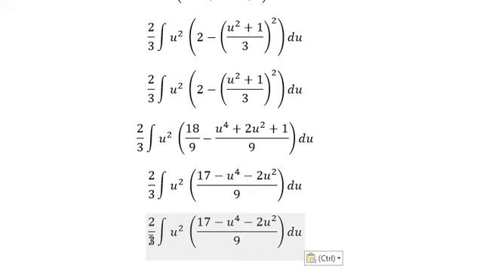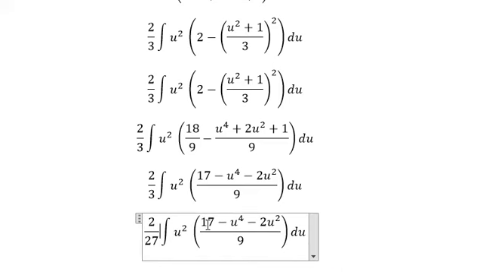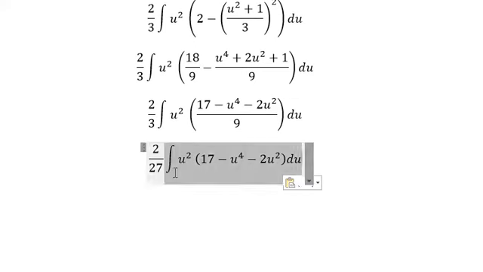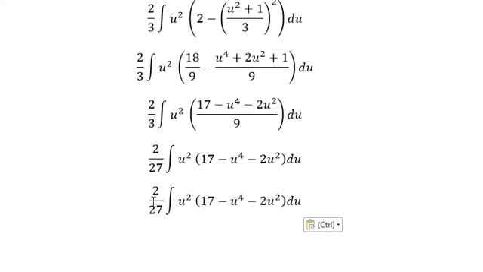Number 9 multiplied by number 3, you got 2 over 27. U squared multiplied by this one, and this one.